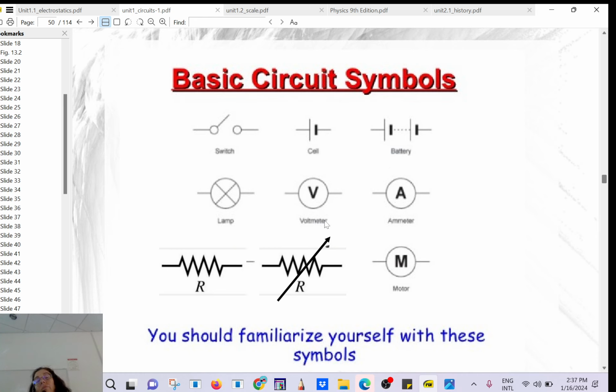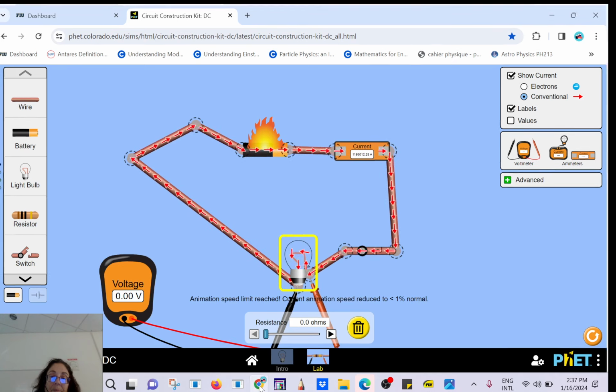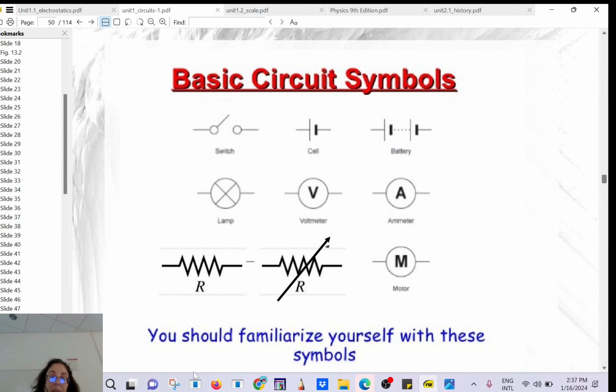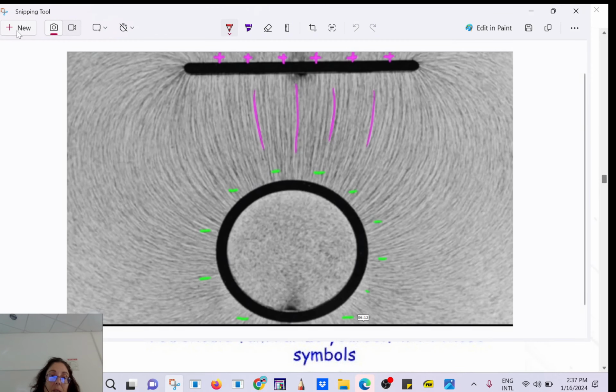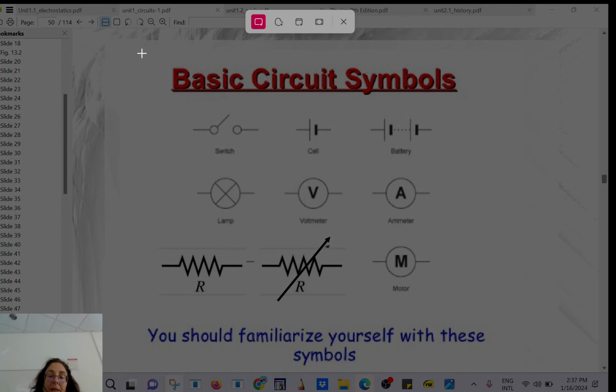You want a voltmeter to measure the voltage across the lamp, and you want a lamp. How would you do that using schematic? Okay, so for example, the circuit that I had here, how can you represent it using those symbols? Can you try to do that?